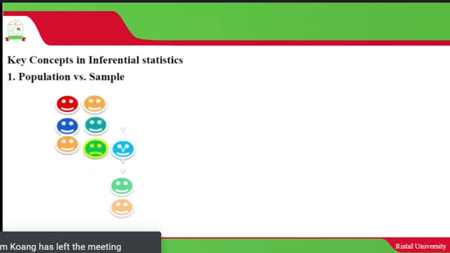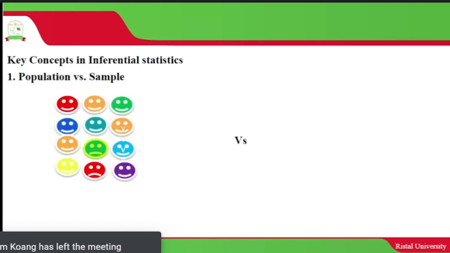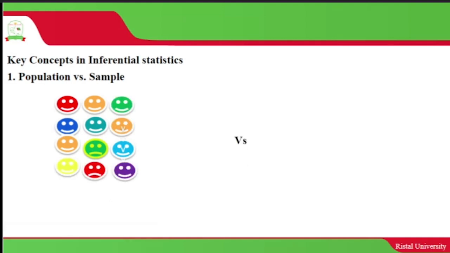We usually draw a very small sample that is representative of the bigger group.